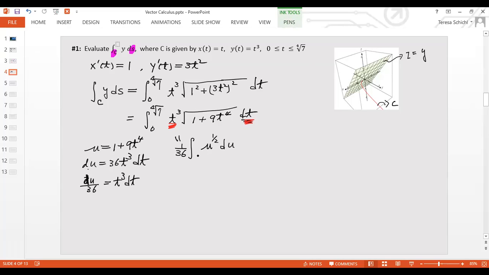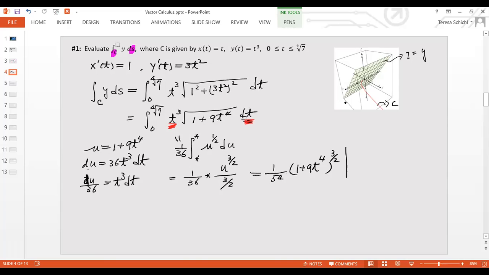I'm going to leave this limit blank right now because after I integrate, I will put it back. So this is 1 over 36, and then here, this is 1/2 plus 1, so it's 3/2, and this is u to the 3/2. The flip of 3/2 gives 54, so 54 times u, which is 1 plus 9t to the 4th, to the 3/2.